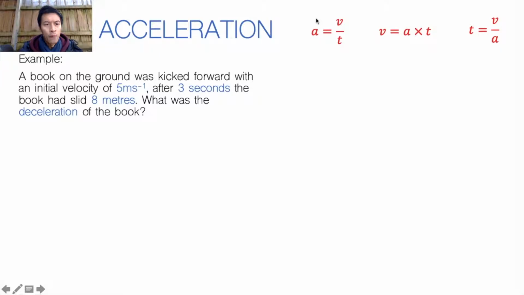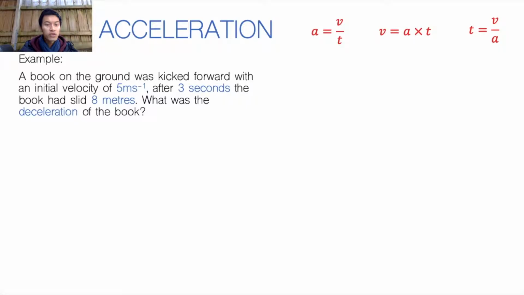Okay, so a book on the ground was kicked forward with an initial velocity of 5 meters per second. So someone has kicked the book and it is traveling at 5 meters per second. After 3 seconds, the book had slid 8 meters. How do you calculate the acceleration or the deceleration of the book?